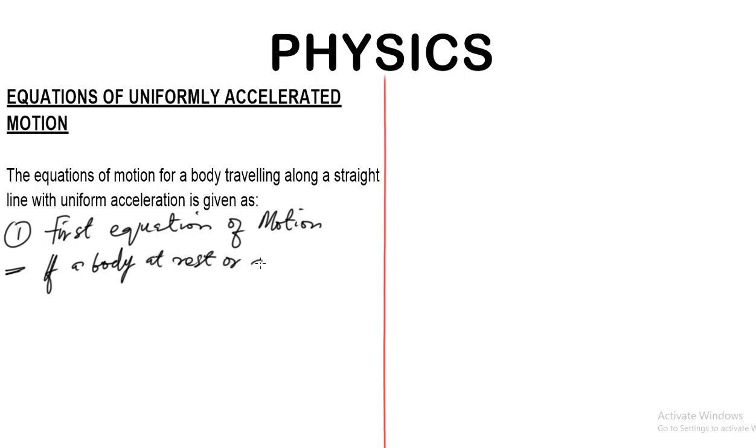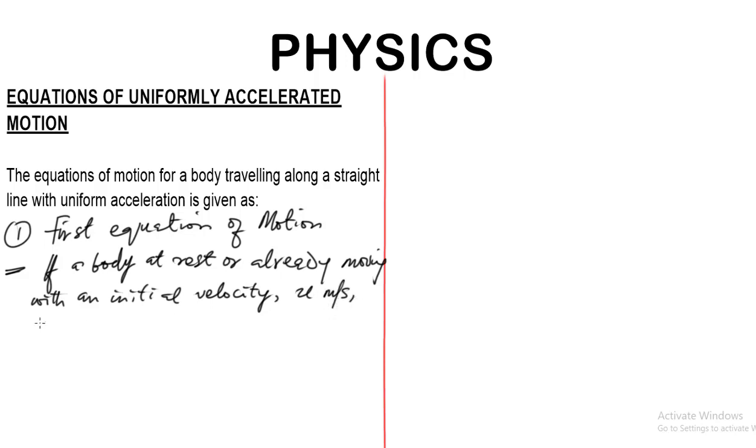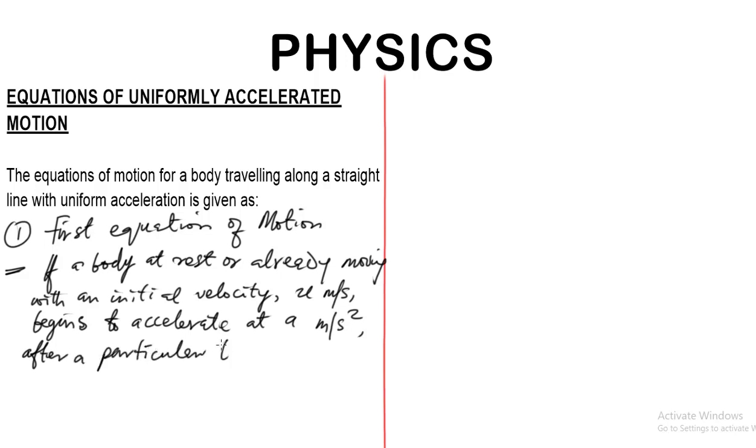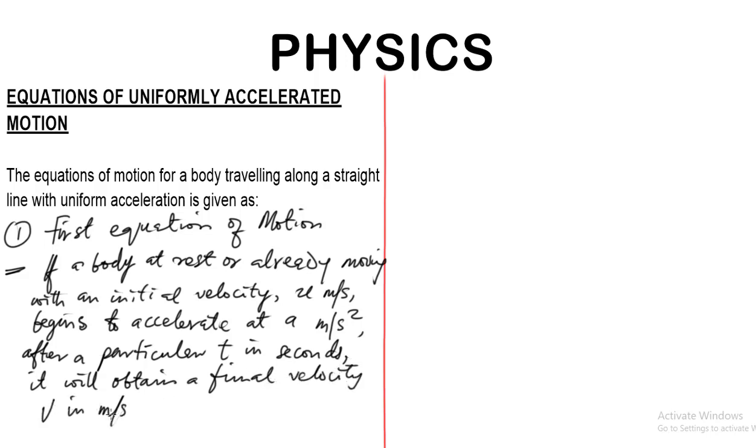If a body at rest or already moving with an initial velocity u in meters per second begins to accelerate with an acceleration a in meters per second squared, after a particular time t in seconds, it will obtain a final velocity v in meters per second.